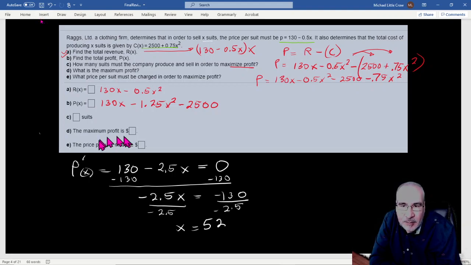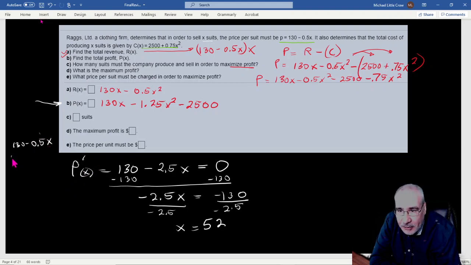Before I go on, what would be the maximum profit? Well, we take that 52 and plug it back into the original profit function, not the derivative. And now that we have x, it'll also give us our price. So for this one, we plug it into the price function, 130 minus 0.5x. Let's do that one first.